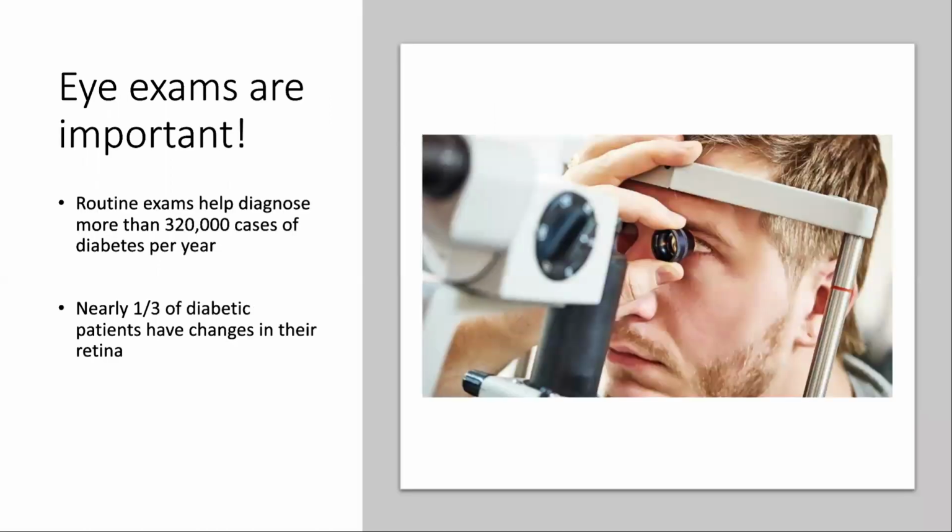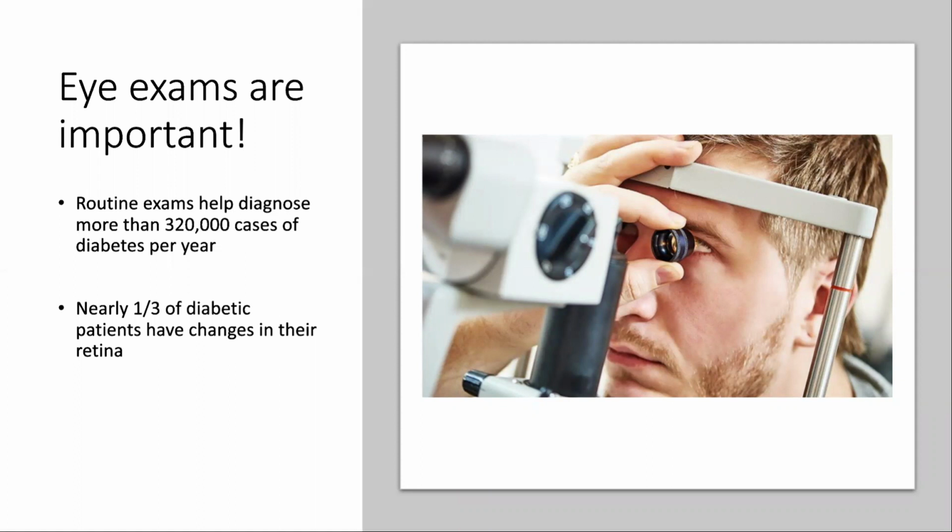Eye exams for people who are diabetic or could become diabetic are extremely important. Diabetic patients are at risk of having a lot of problems with their eyes that we need to monitor and manage. I think the other really interesting thing is pre-diabetic patients, and remember, 80% of those pre-diabetics don't even know that they have diabetes.